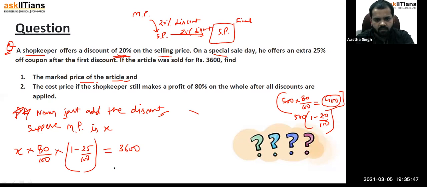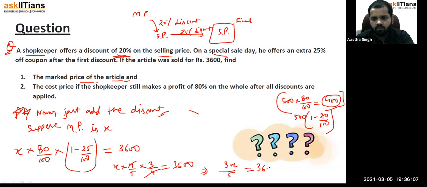Just solve this, guys. X into 4 by 5, 75 will be there, 3 by 4, equals 3600. Just do the calculation, guys. I am just doing it fast, okay? So basically, your 3x by 5 will be equal to 3600. From here, your x will be equal to what?